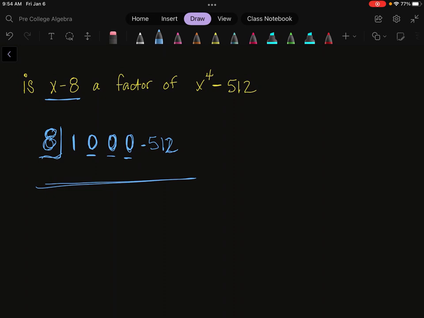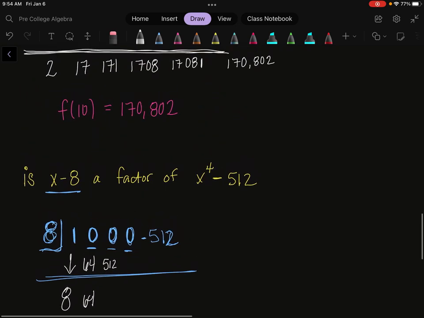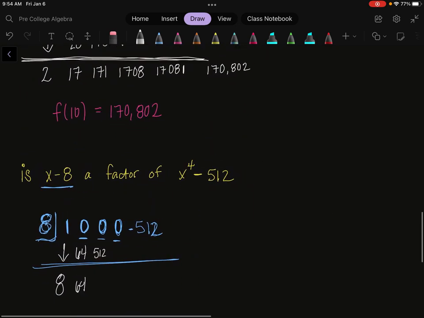Even though they're not there technically, to synthetically divide, we got to put something there for synthetic division to actually work. All right? And I'm just going to do it for the fun of it. Let's see. So 8 times 8 is 64. 64 times 8 is 512. Yeah, no, it won't work out. So, okay? I think that is it.